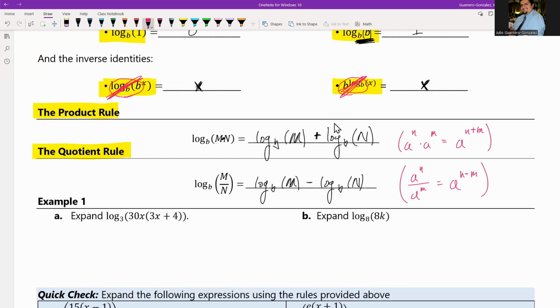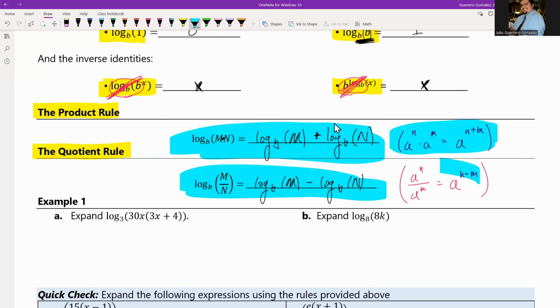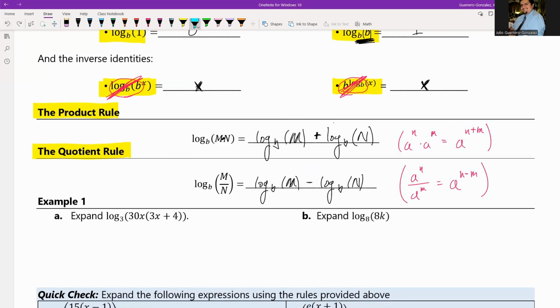We got to subtract them. So these two statements come from a direct proof that involve these two. Awesome stuff, right? So now, how the heck do we use these?